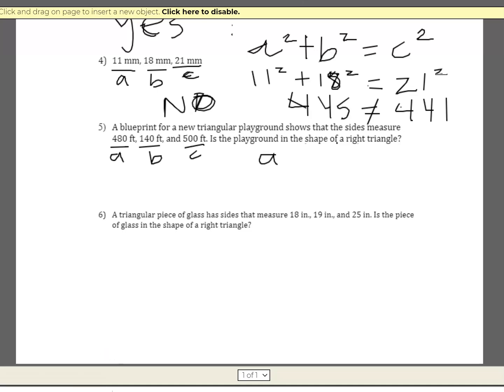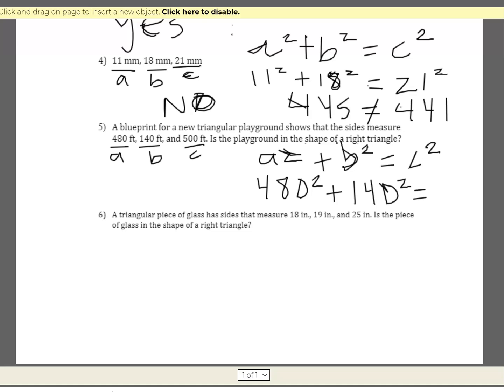So a squared plus b squared equals c squared. All right, so for A we have 480 squared plus 140 squared. Does it equal 500 squared?